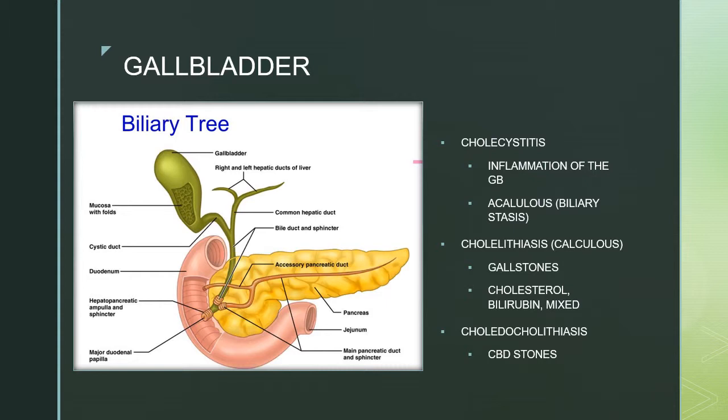Even after you have your gallbladder removed, you can still get stones because you have concentrated bile mixed with cholesterol in the common bile duct, and when that gets concentrated, stones can still form. So common bile duct stones are referred to as choledocholithiasis.